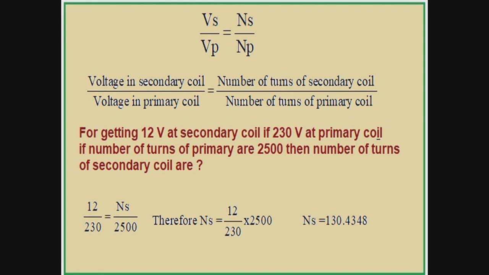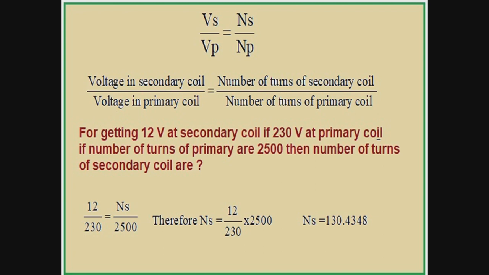How can you calculate the voltage at the secondary coil? How can you calculate the voltage in the primary coil? To achieve a certain voltage in the secondary coil, what number of turns of the secondary coil and primary coil are to be kept?